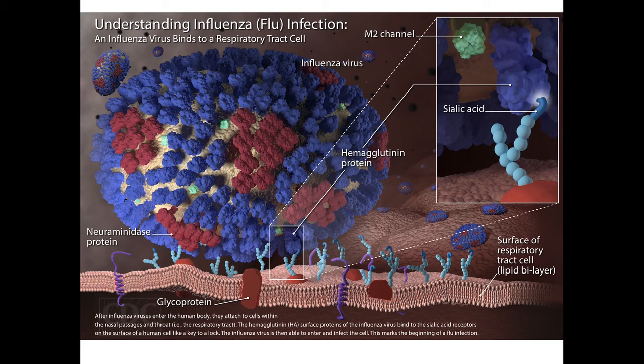So sialic acid or neuraminic acid, when it's in the right conformation and the right binding, and at the end of this glycoprotein, the hemagglutinin will bind to that to initiate the infection.